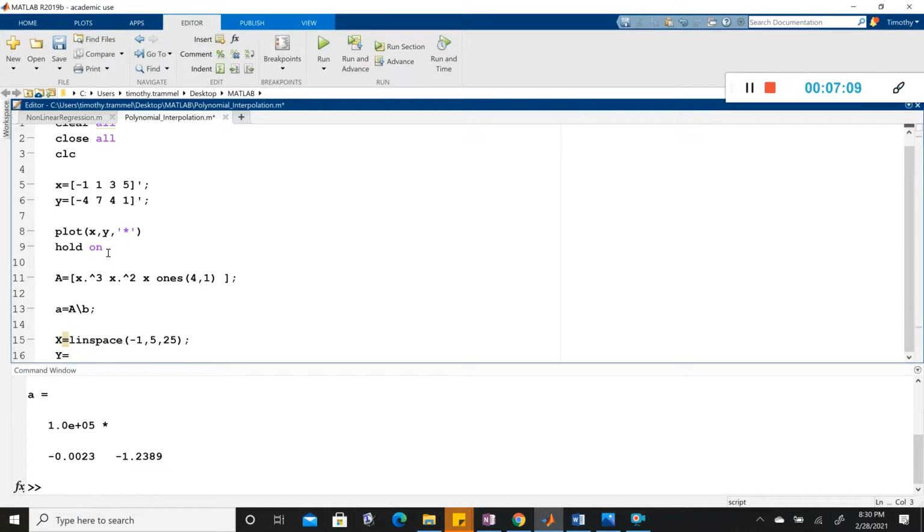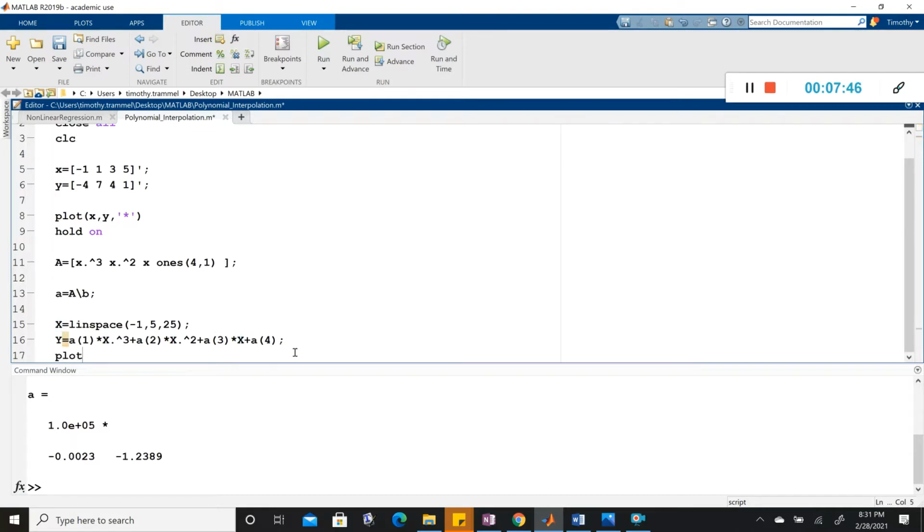And then big Y is equal to A of 1 times x cubed plus A of 2 times x squared plus A of 3 times x, and then finally plus A of 4. And I just want to make sure I capitalize that x. There we go. And let's plot it. Plot big X, big Y.